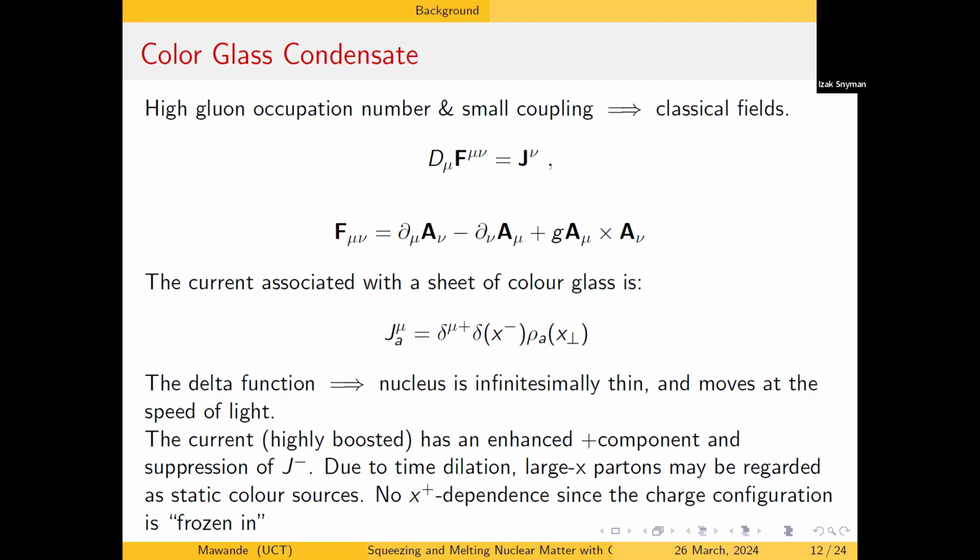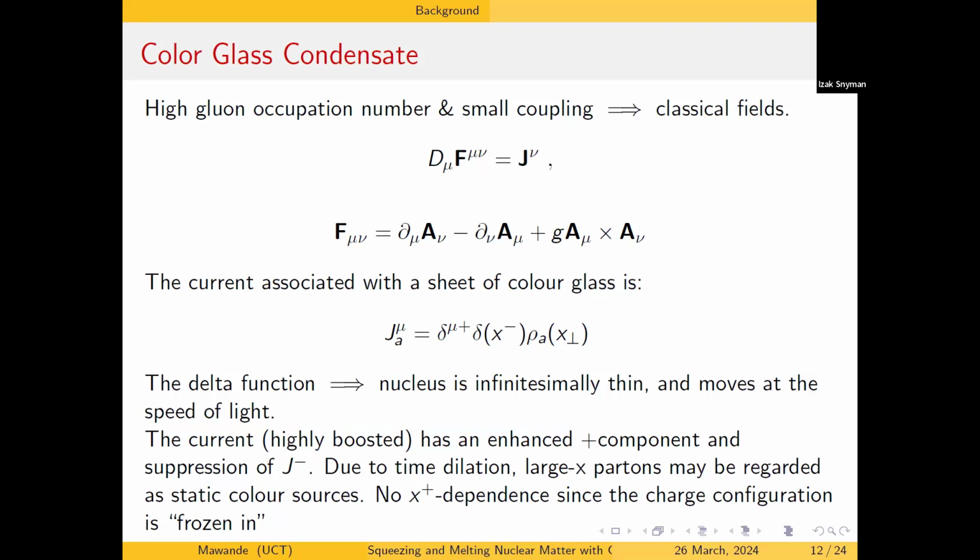The motion in the transverse direction will be slowed by the time dilation. So we think of those as classical color charges, a classical color source, and that source then produces the field. And the current that you associate with this fast moving source is given by that.